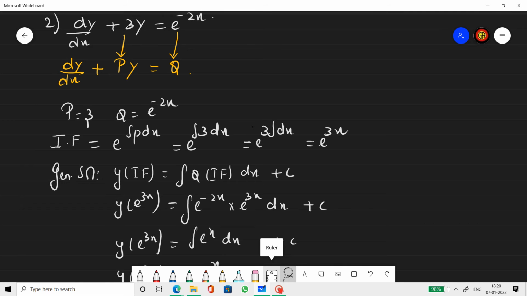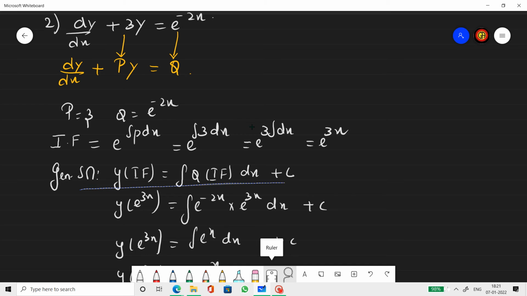Second question, dy by dx plus 3y equals e power minus 2x. P is 3 and Q is e power minus 2x. So integrating factor is e to the power of integration of p dx. P here is 3. So 3 will go out, integration dx is x, so e power 3x.